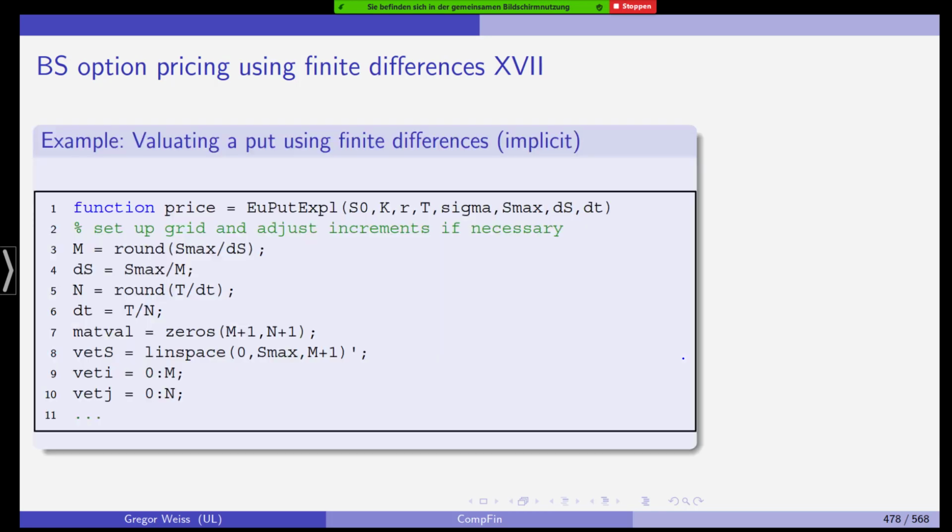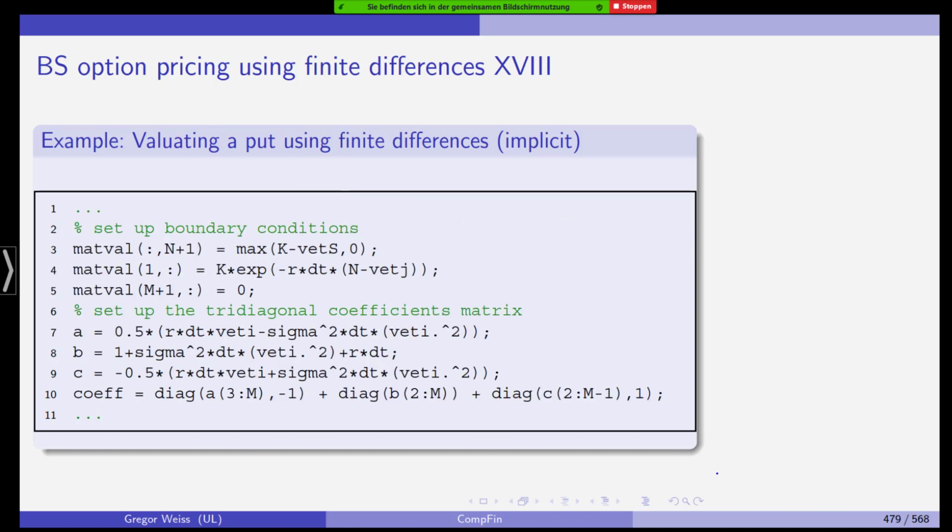And below, let's do this again in MATLAB using finite differences, but now with an implicit scheme. The previous one is also called explicit. This is the implicit scheme. So we again set up the grid, adjust the increments if necessary, set up the linear space and the boundary conditions.